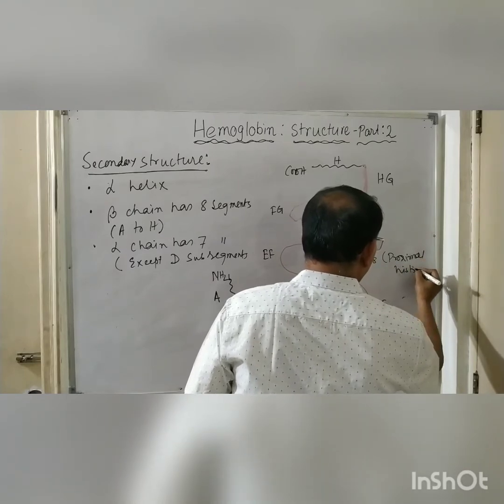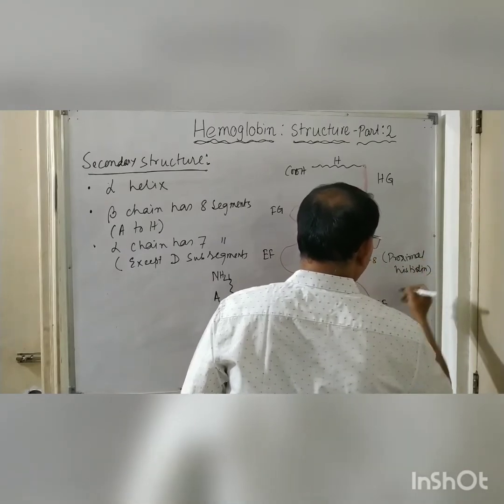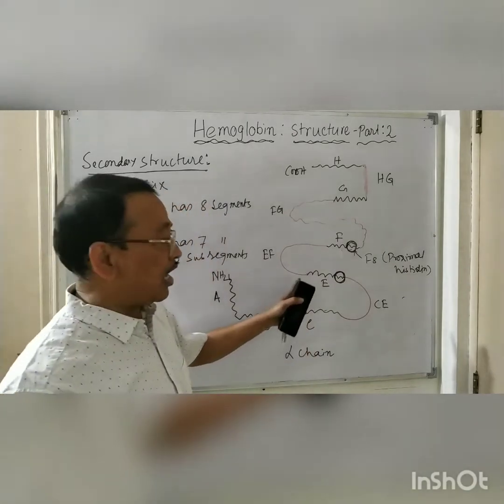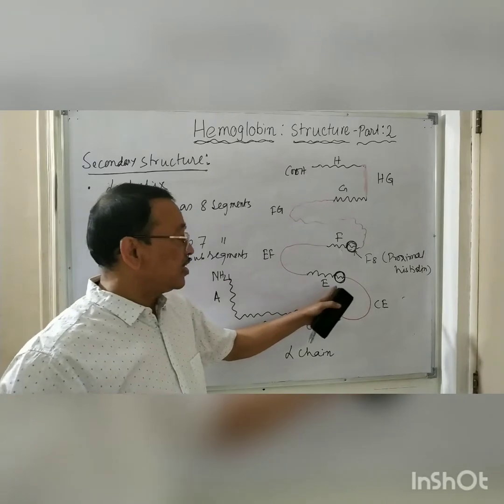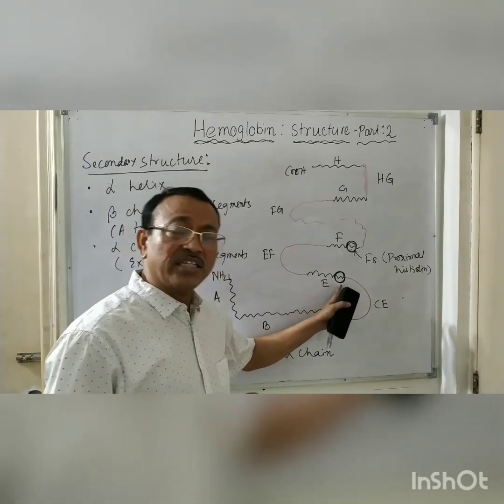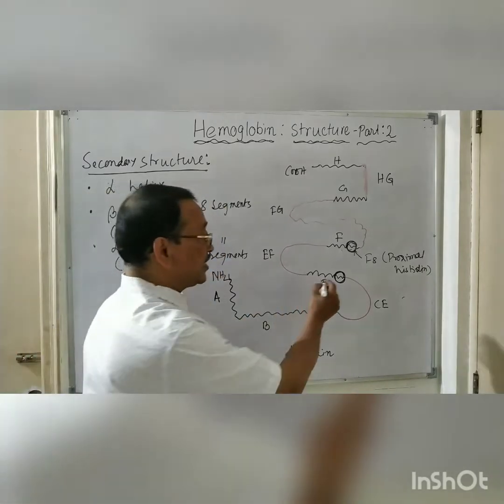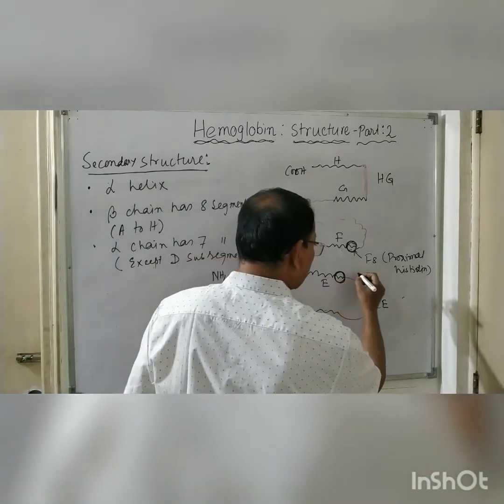Whereas in case of the alpha chain, the 87th histidine residue of the E helix is known as the E7.